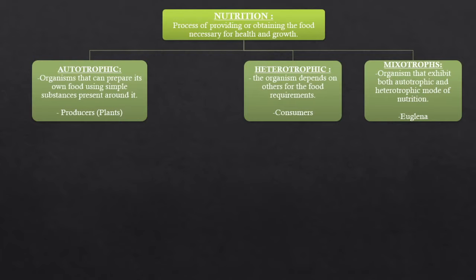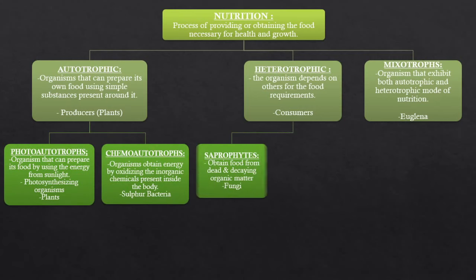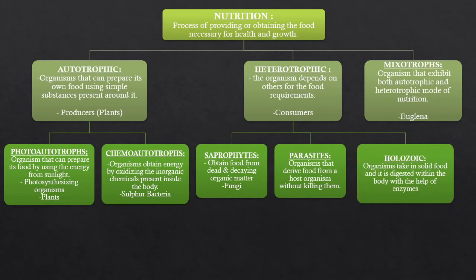For example, all the green plants that possess chlorophyll can produce their own food by the process of photosynthesis. Not only that, there is another group of organisms called the chemoautotrophs. Now the first group, as I said, the organisms that prepare their food using the energy from the sunlight, are called photoautotrophs, and they are the photosynthesizing organisms, for example, the plants.